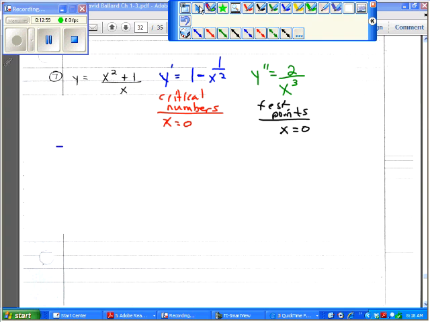So we can say, well, I have an interval from negative infinity to 0, and then I have x equals 0, and then I have an interval from 0 to positive infinity.